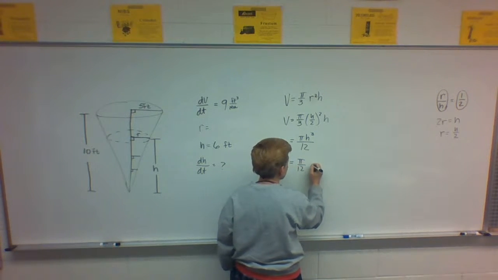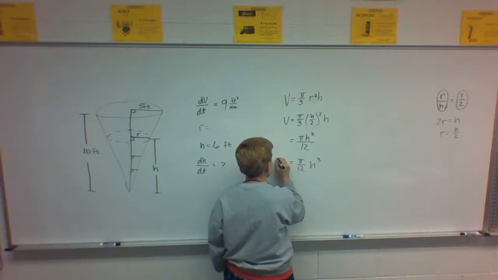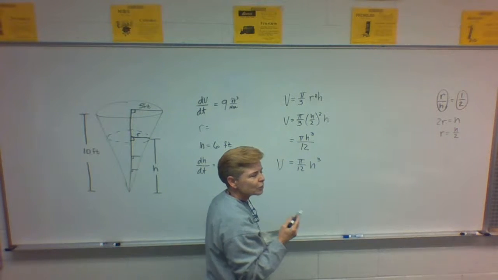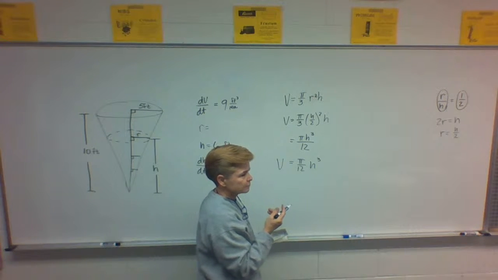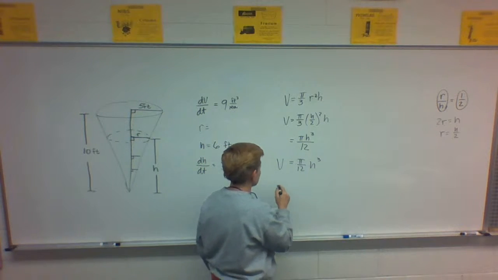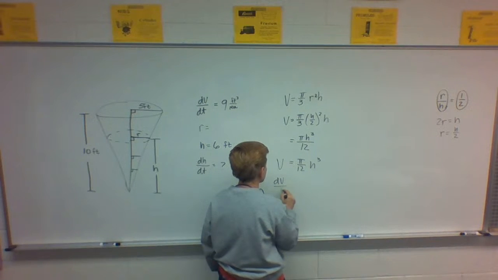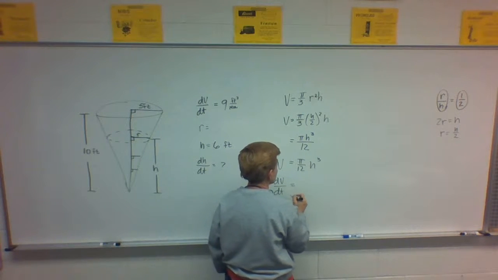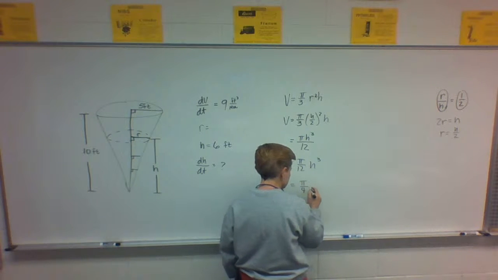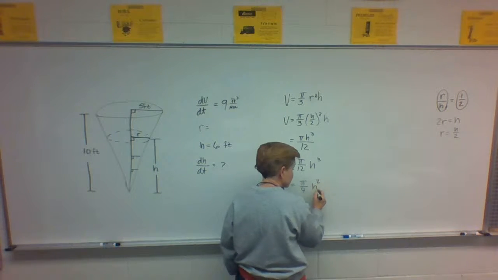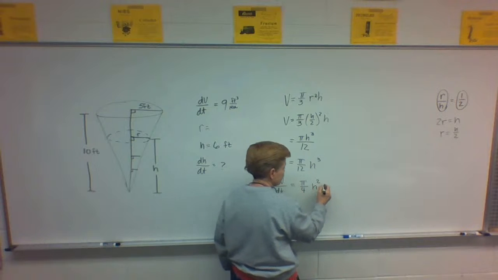I'm gonna leave the constant out here and have an h cubed here. And that doesn't seem too bad to derive if you do a little algebraic cleanup. You okay with that? Now we're ready to derive. dV/dt is equal to, watch this, pi fourths, right? H squared dh/dt.